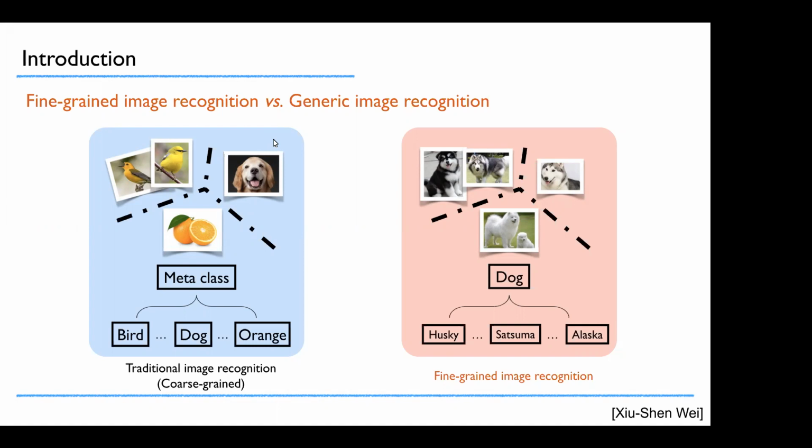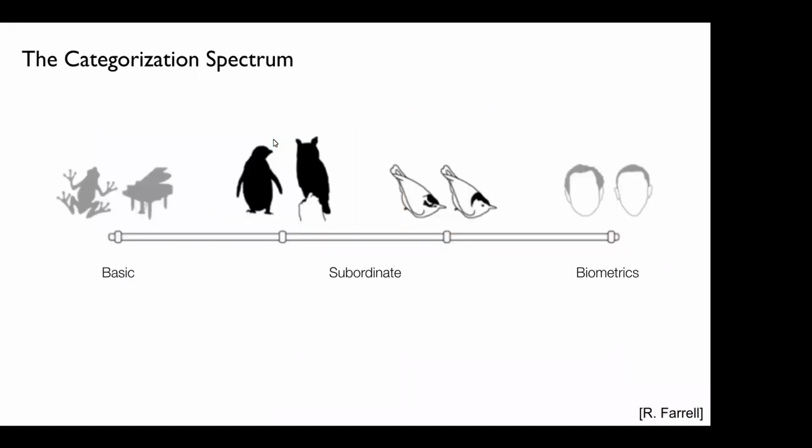tightly related categories. Ryan Farrell has a slide that shows this along a spectrum. And there are no hard boundaries here, but this spectrum gives you an idea of the domain of interest for this tutorial. So on the far left of this spectrum, we have the basic or generic categories. So that would be, for example, frog versus piano. On the far right, we have the study of discrimination between specific individuals. For example, biometrics for people.